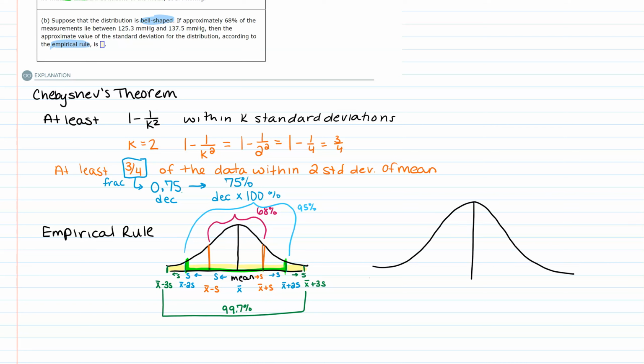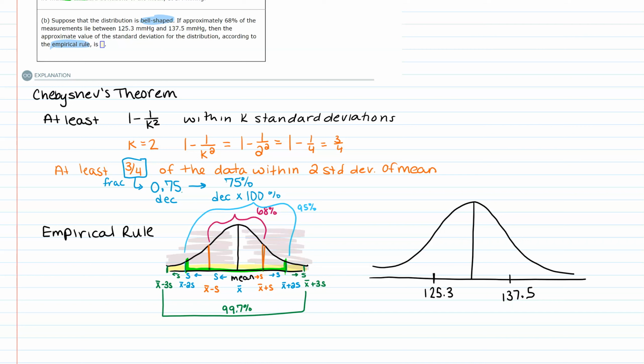So the center is going to be at the mean, and then we care about 125.3 and 137.5. Now, the problem told us what the mean was, but let's pretend that we didn't know the mean. One feature of your bell-shaped curve is that it's symmetrical, which means if 50% of the data is on this side, then the other 50% would be on this side.